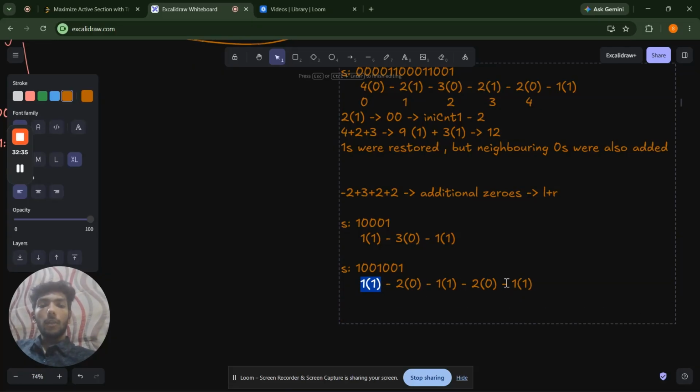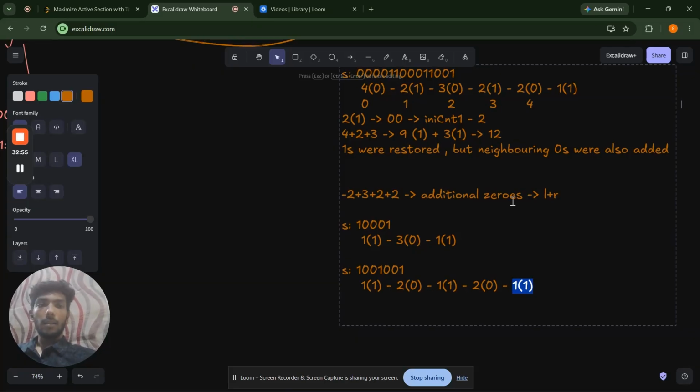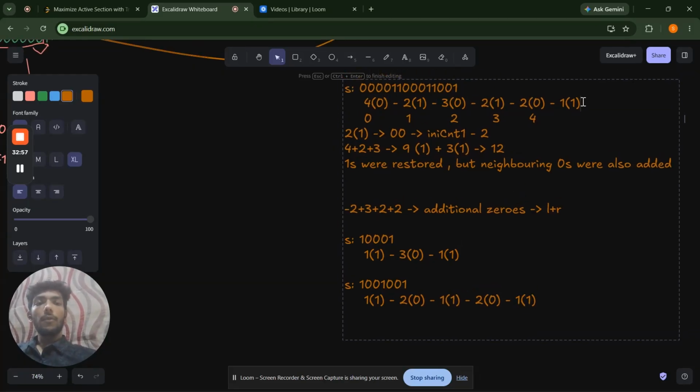This one cannot be considered. So you can think like if the string starts from 1, the first pair is not considerable and the second pair is 0, so we do not count that. And if the last pair is 1, it is of no use because there is nothing on the right here as well. If the last pair was 1, there is nothing on its right.